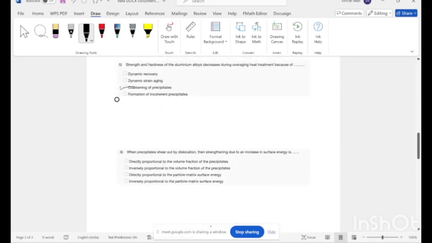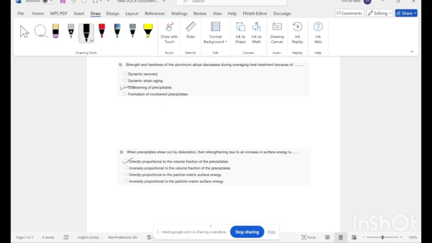Next question is, when precipitates are sheared by dislocations, then strengthening due to an increase in surface energies is related to the volume fraction of the precipitates how? Inversely? No, just now you answered the previous question. It is directly proportional to volume fraction. Yes, directly proportional to the volume fraction of the precipitates.